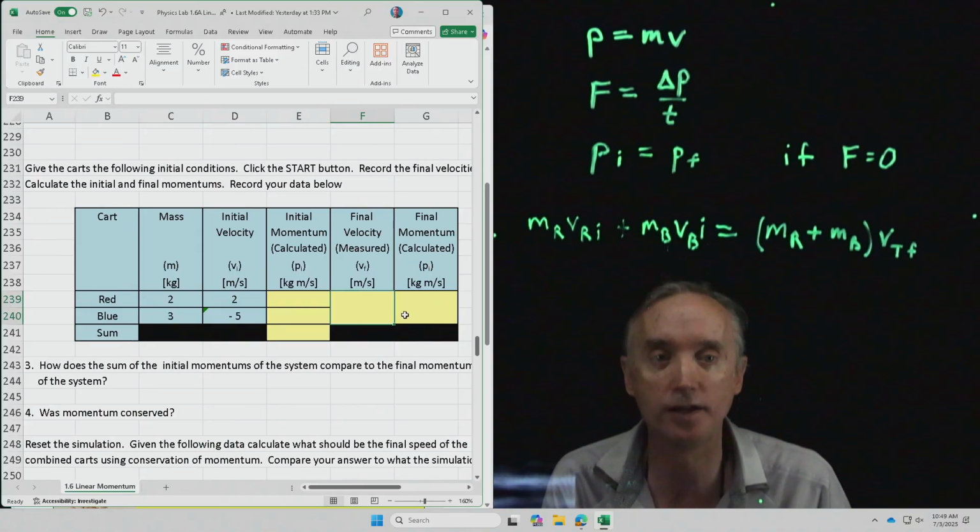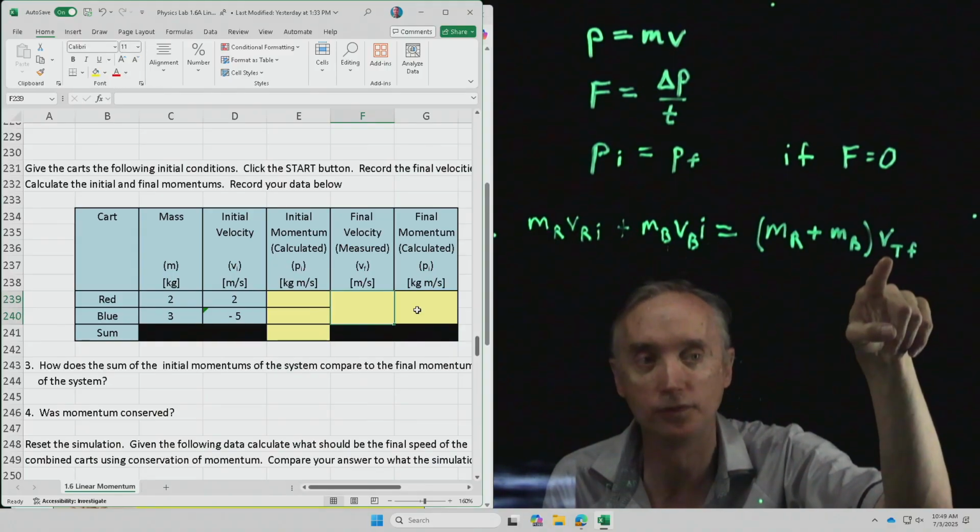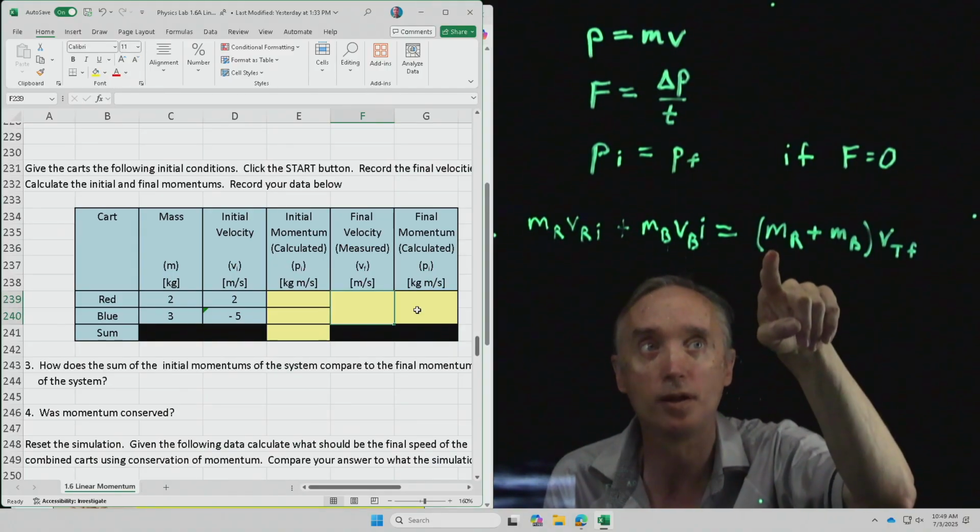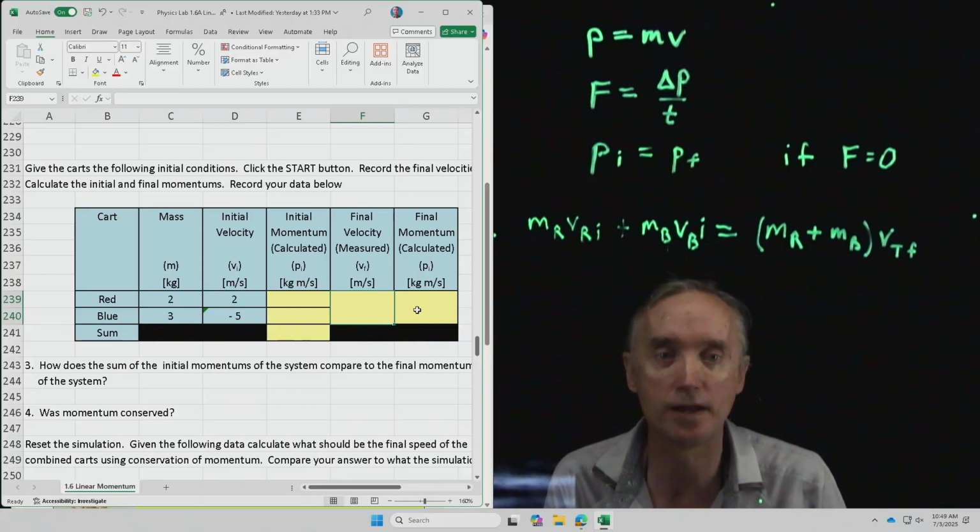So to get the final momentum, you're going to take the final velocity and multiply it by the sum of the two masses. And then take a look at this number and compare it to this number here.